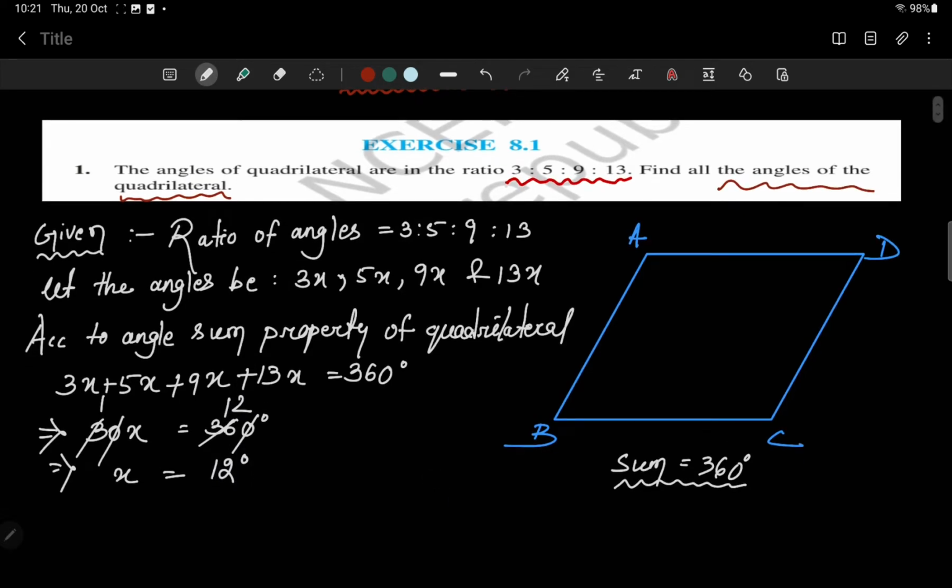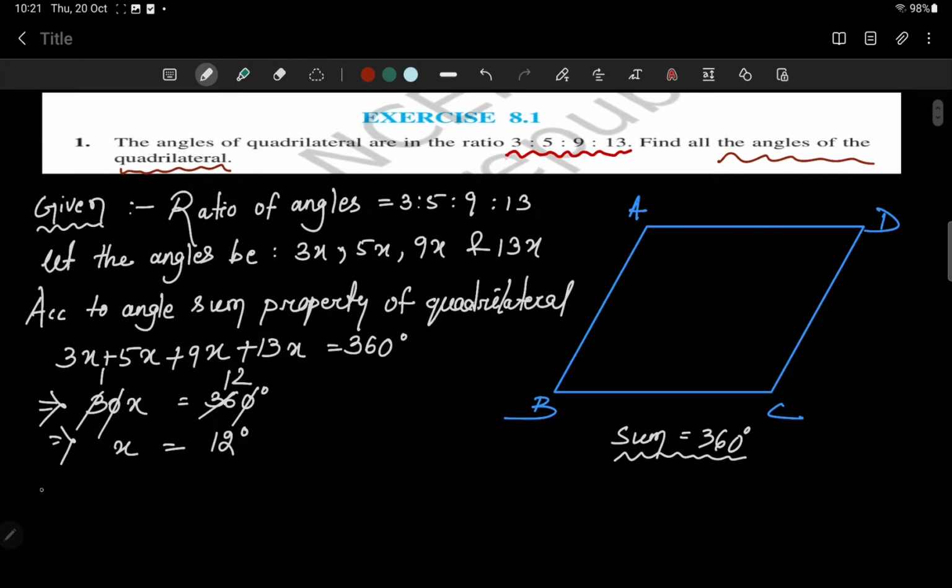Now you have to find all the angles. Let's name them: suppose this is 3x, this is 5x, this is 9x, this is 13x. So angle A equals 3x, which is 12 into 3 equals 36 degrees.